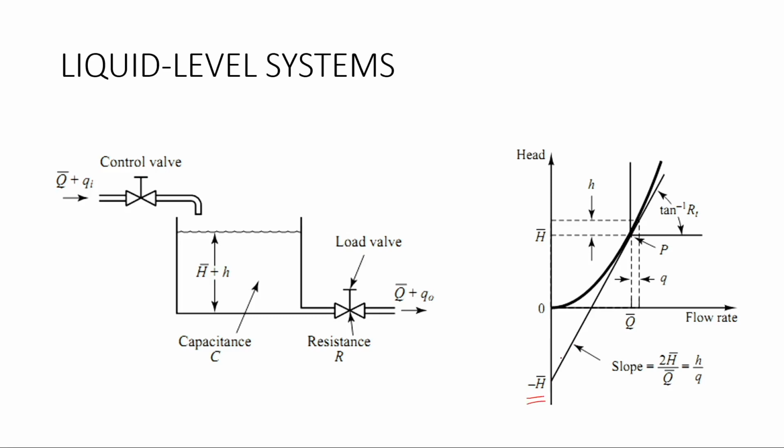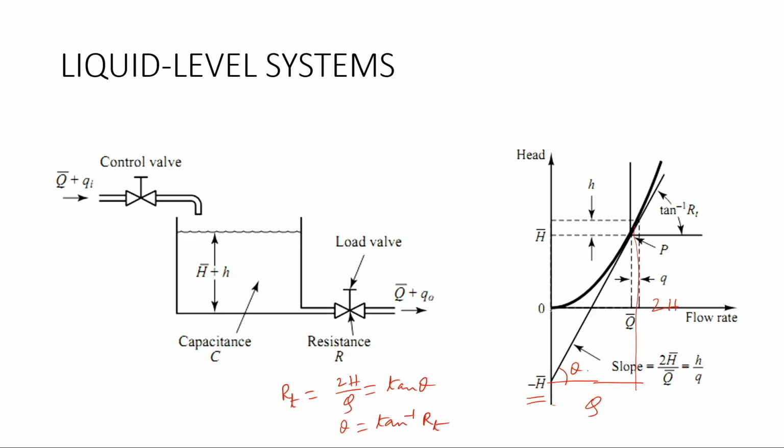So, what is this particular angle? This total height is 2h and this length is Q. So, then this RT equals 2h by Q, that means this is the slope, the tan of this theta. So, this theta equals tan inverse RT.